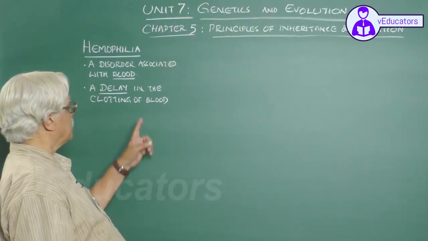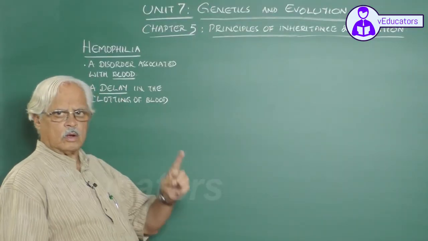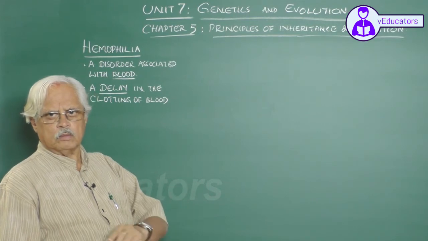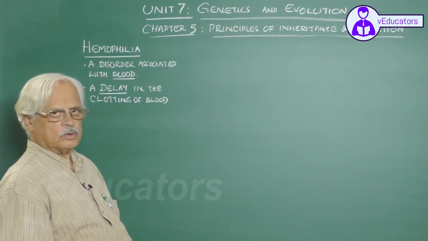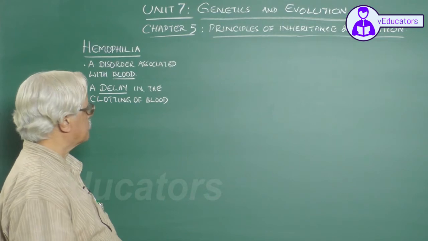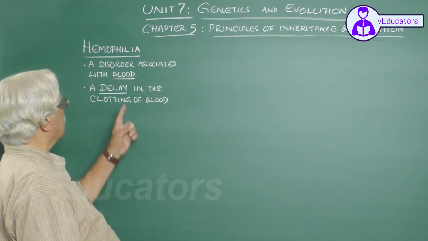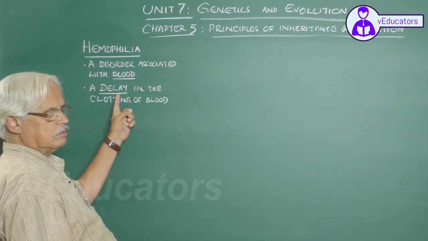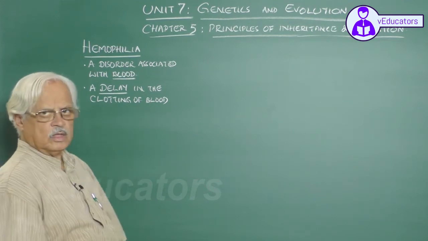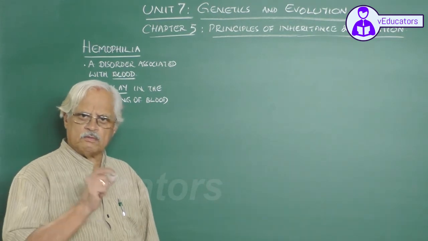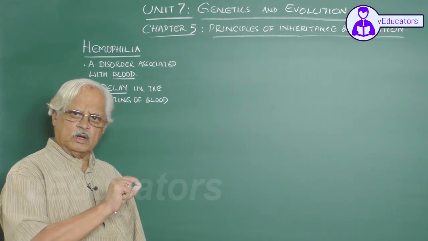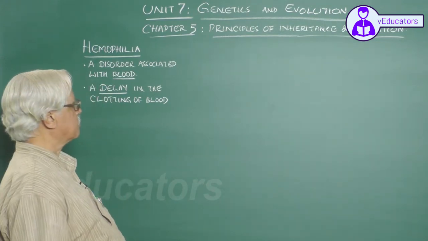Depending upon the intensity of the injury, blood clots anywhere between a few minutes to 1 or 2 hours. But in persons with hemophilia, there is a delay in the clotting of blood. Even from a small injury, blood continues to flow out.